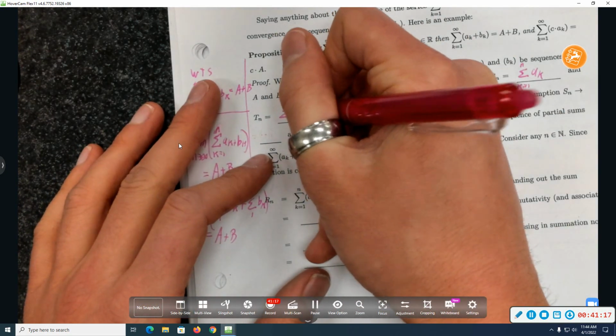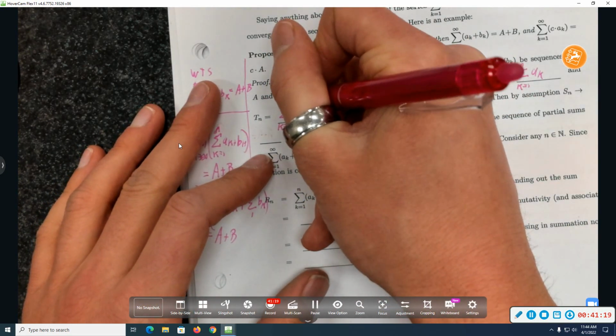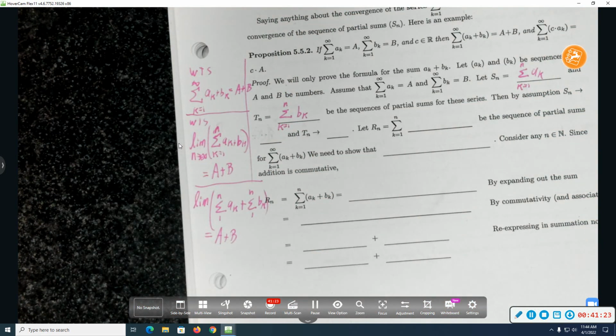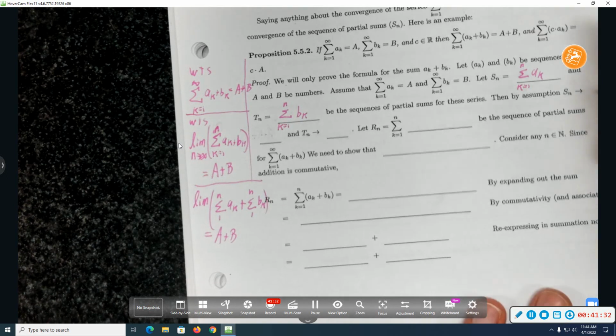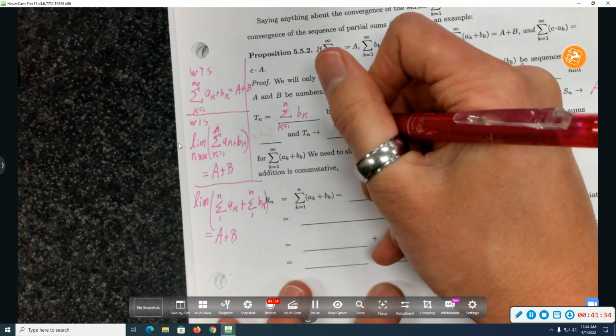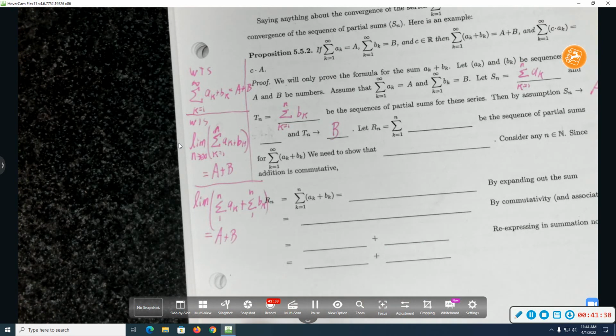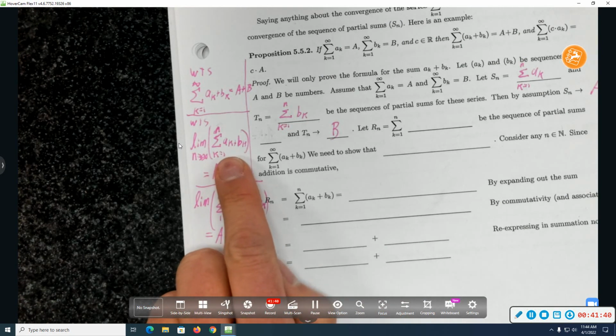Tn is the sum from k equals 1 to n of the bk's. By assumption, where does Sn converge? Where does Tn converge? B.